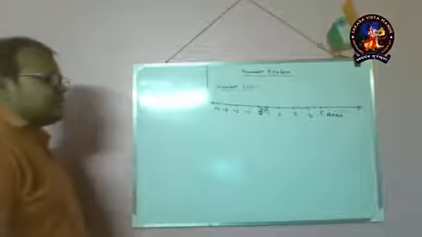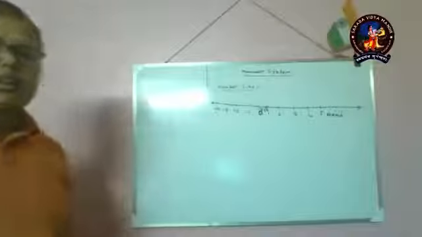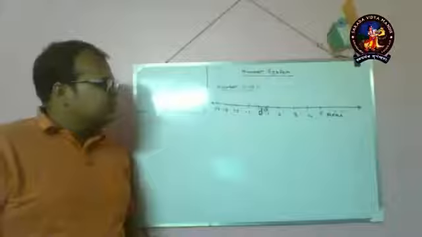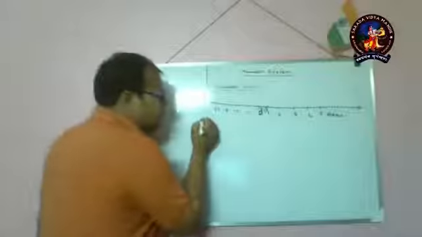Some other types of numbers are also there in the real number line. They are called irrationals, which are not rational. So let's know about the rational numbers first.